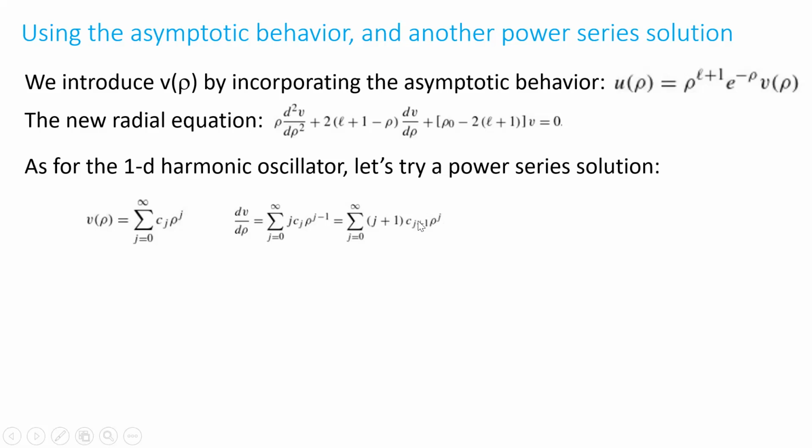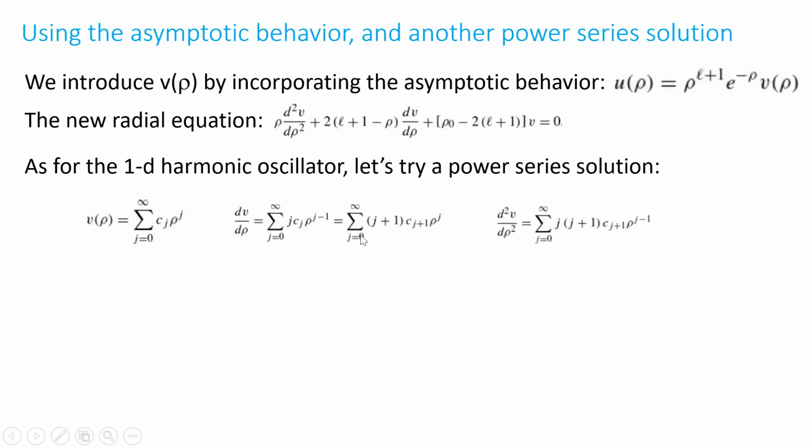So it'd be c1 again. And we can check the second term. Here j equals 2 would be 2 c2 times rho. Over here j equals 1 would be 2 c2 times rho. So they're the same. The first term is significant; it gives a non-zero answer at j equals 0 here.